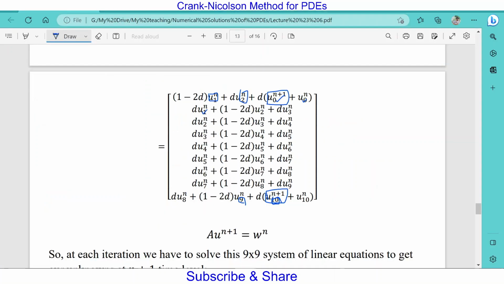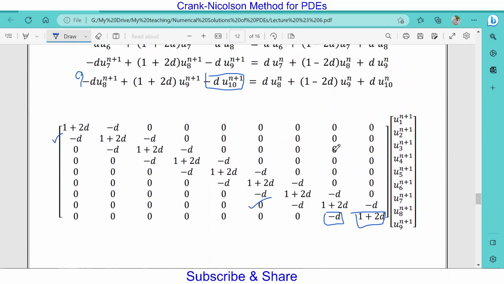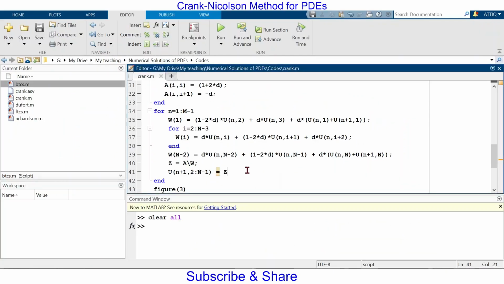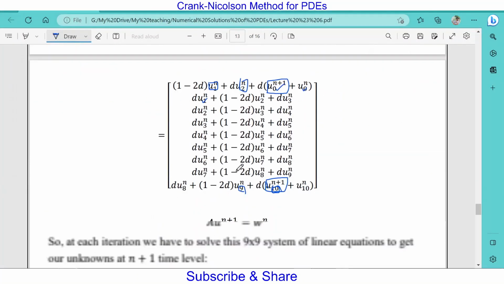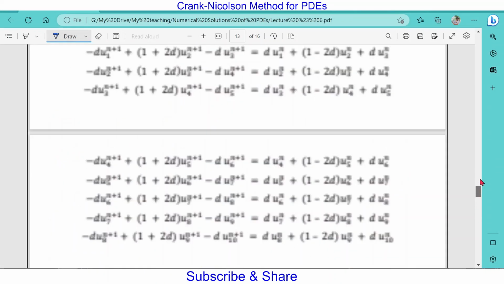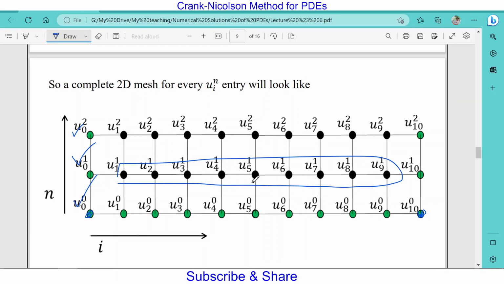If you remember from here, these are for the inner nodes, not for the boundary nodes. And I will store these values in each row of the U to get my final system, or this mesh. So these values.